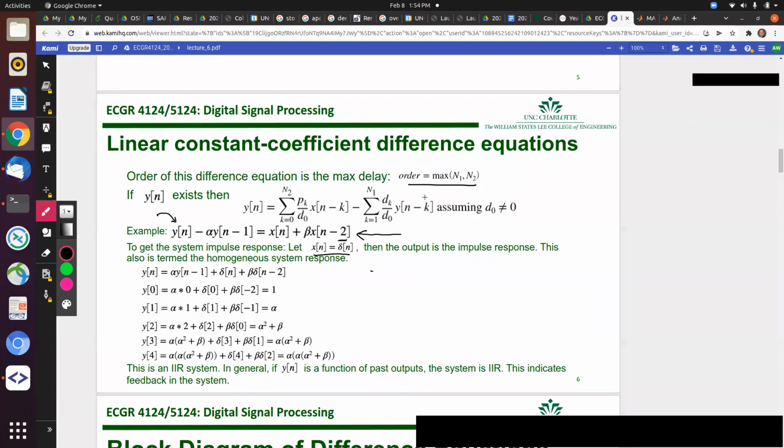Now, I want to say something very clear. Difference equations are linear and time invariant if their initial conditions are 0. If their initial conditions are not 0, they are not linear and, more specifically, they're not time invariant. Why is that? Initial conditions are defined, like say y of -1, the output at time -1, is equal to 5.